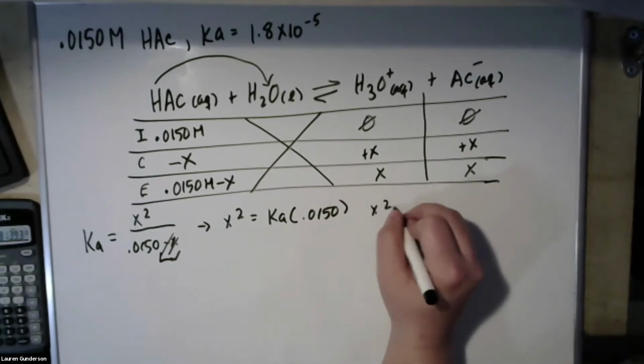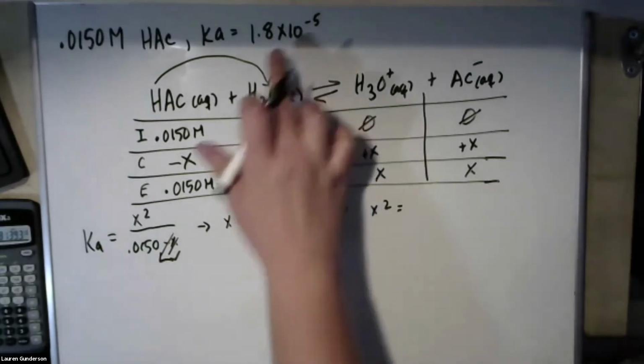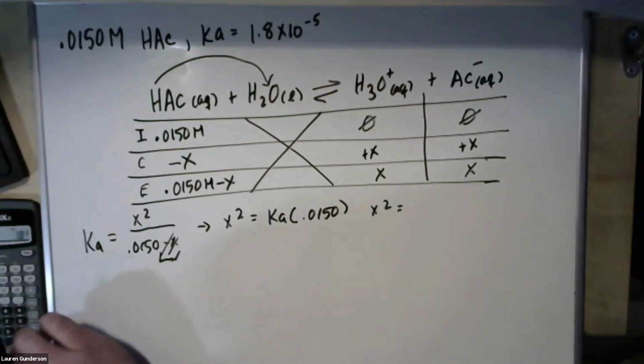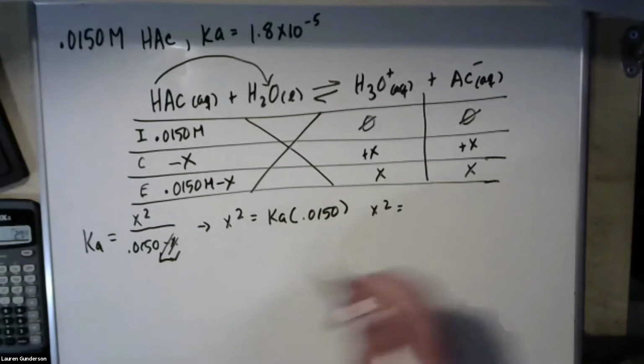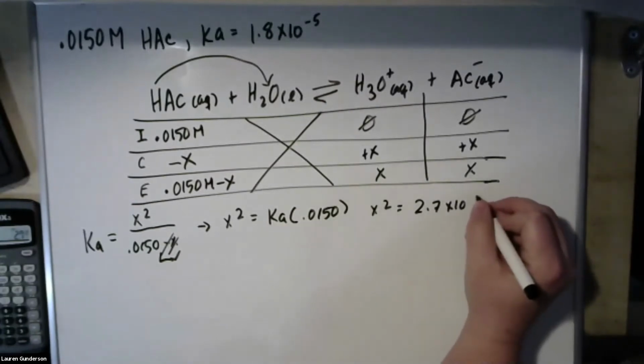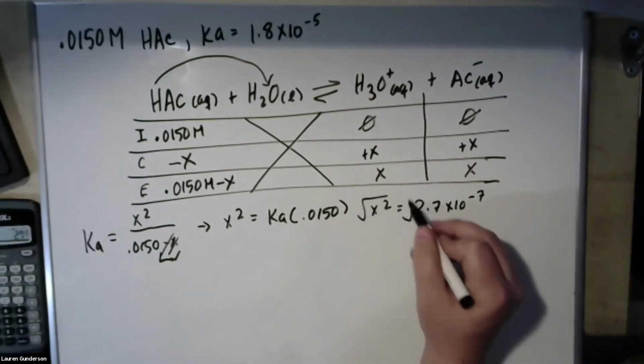So I'm going to multiply this out in my calculator using this Ka value. All right, I'm going to take the square root.